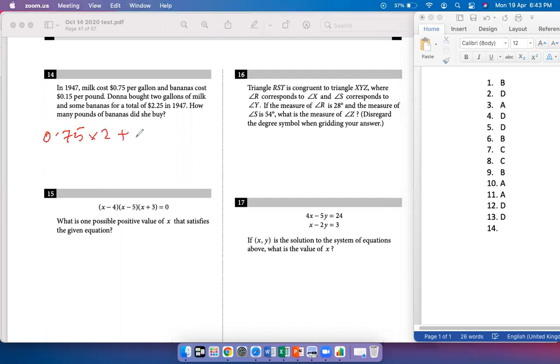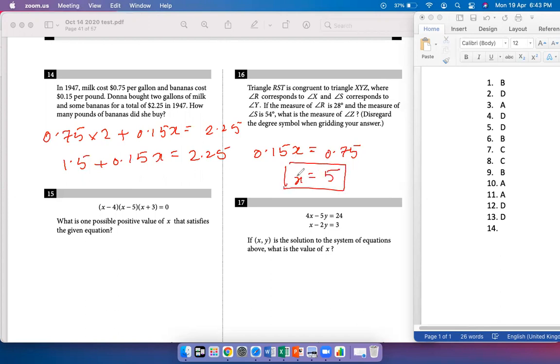Let's say she bought X pounds of banana, so that would be 0.15X, and that total was 2.25. So 0.75 into 2 is 1.5, plus 0.15X is 2.25. So 0.15X is 0.75. So X is 5. So she bought 5 pounds of bananas.